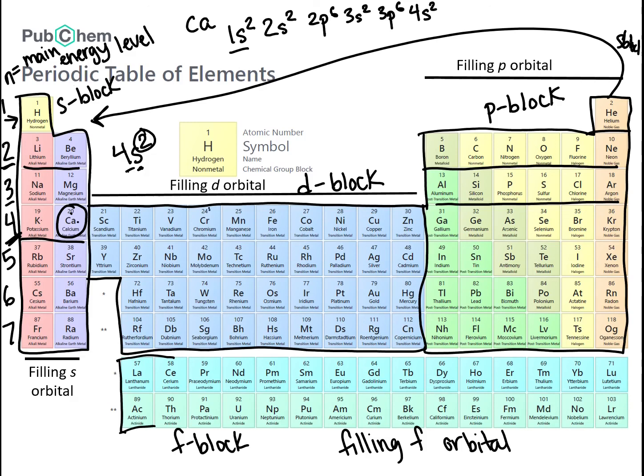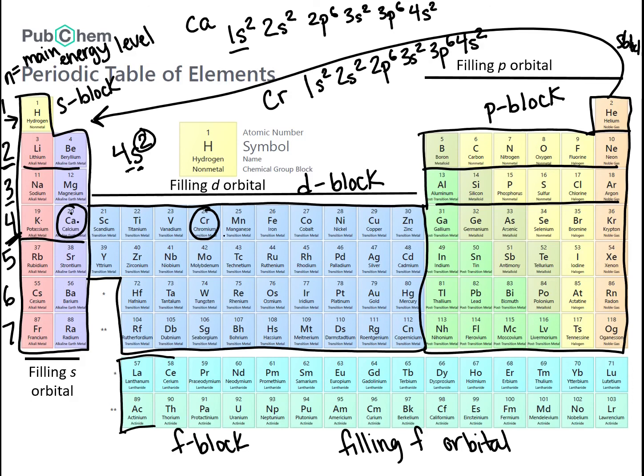Let's say that we wanted to do chromium instead. Chromium has everything that calcium has: 1s2, 2s2, 2p6, 3s2, 3p6, 4s2, but it's in the D block, right?